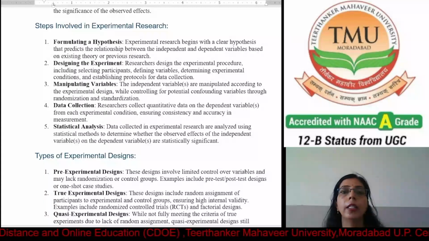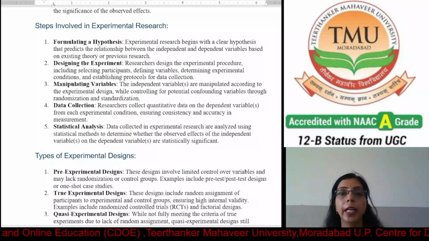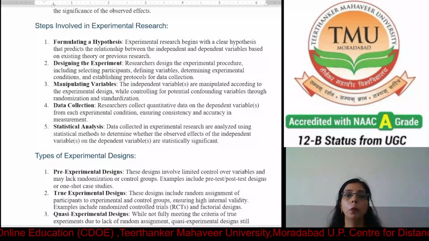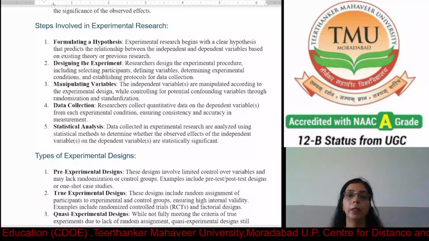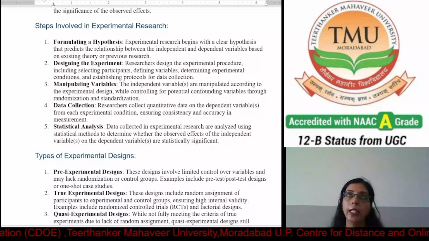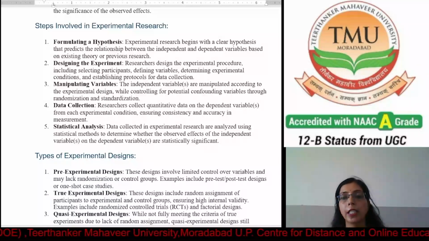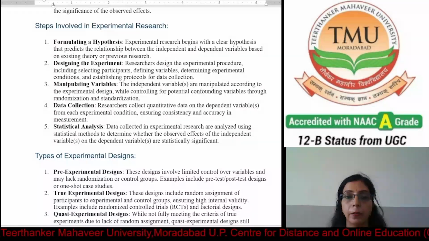So in order to apply the controls, the researcher may assign subjects randomly to the groups, assign treatments to the groups randomly, equate the groups to the maximum extent with respect to various intervening variables, and have post-test of all the groups involved in the experiment. Those designs where all the above mentioned criteria are satisfied are termed as true experimental designs.